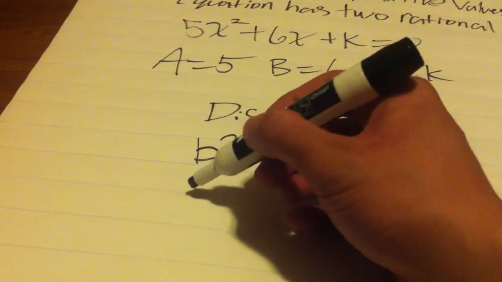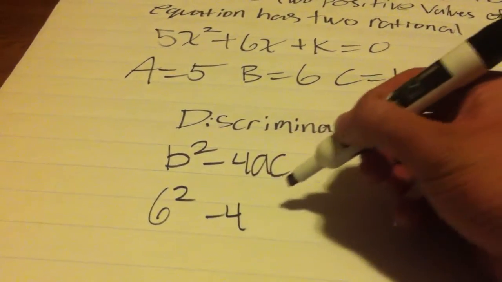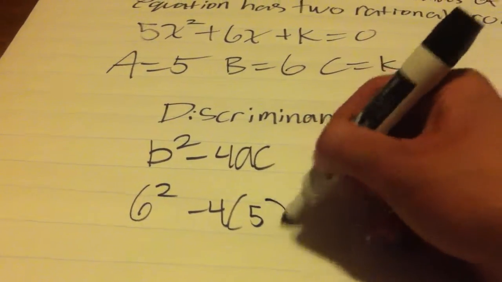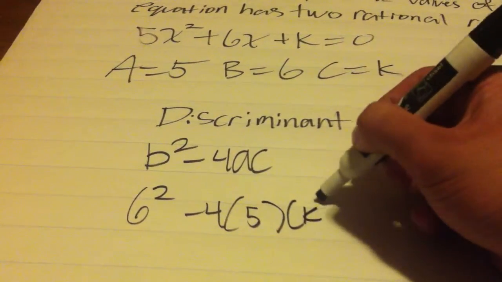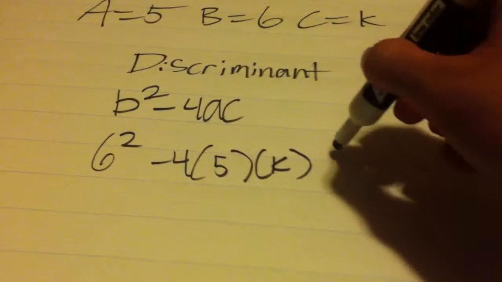So it'll be 6 squared minus 4 times 5 times k. And by the looks of it, it looks like it's greater than 0.